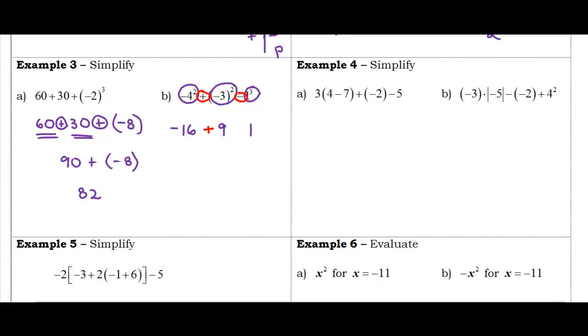Addition and subtraction. Let's take care of the subtraction. Subtraction becomes what? Adding the opposite. So then, let's go left to right. What is negative 16 plus 9? Negative 7, good. What's negative 7 and negative 1? Negative 8.